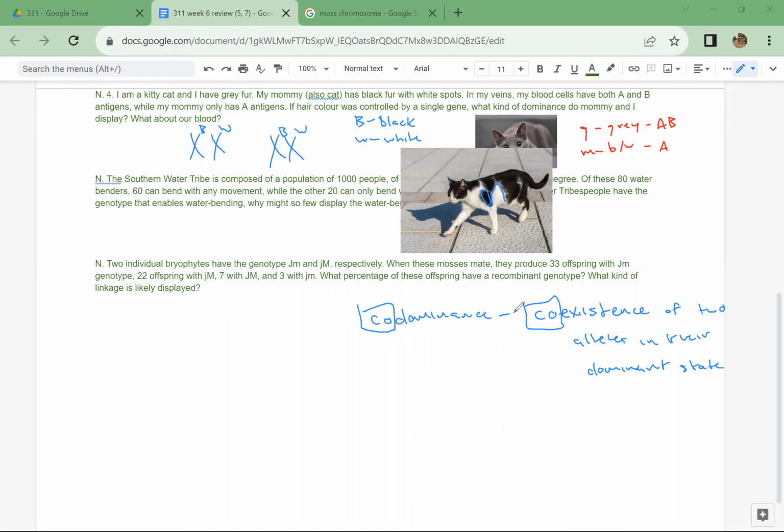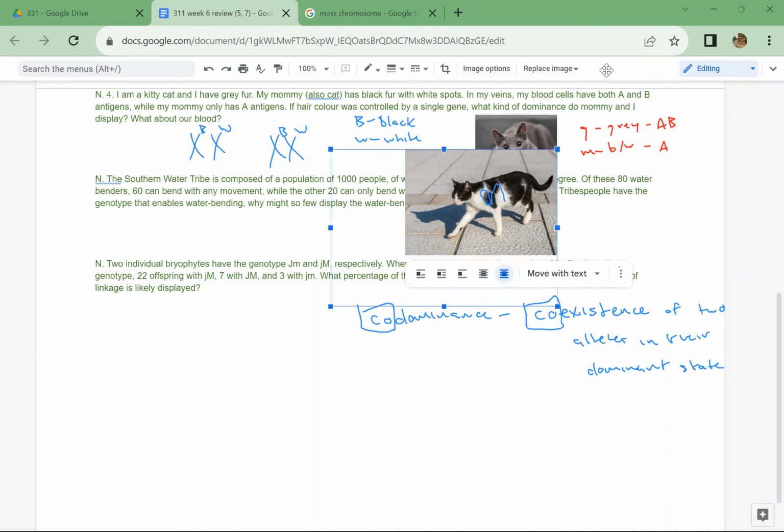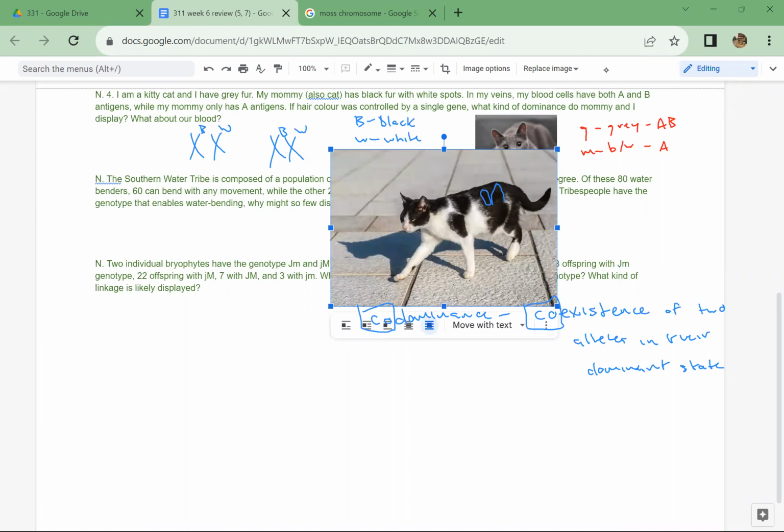Let me zoom in a little bit. Actually, I won't get into that, but we see that in some regions, the hair is black. So this allele is being expressed here in its dominant state.